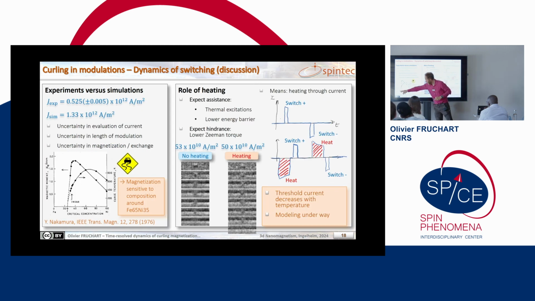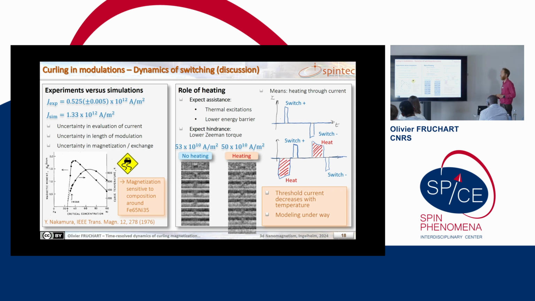But you may know that when we go close to a given concentration of iron, you have a collapse of magnetization and ordering temperature. And we are not so far, so any small variation in composition will have an impact on the value of MS and exchange. So this can partly explain the difference that we have.